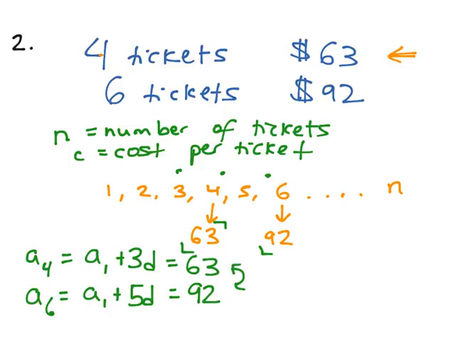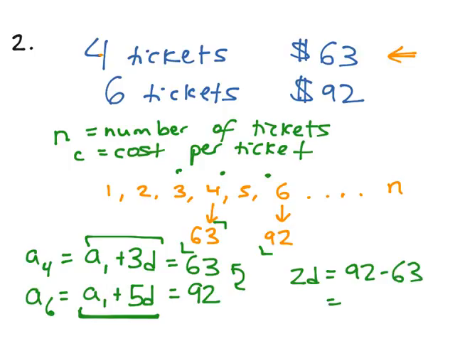So if we subtract this equation from this equation, we find that 2D is equal to 92 minus 63, or 29. So D is 29 divided by 2, which is 14.5.